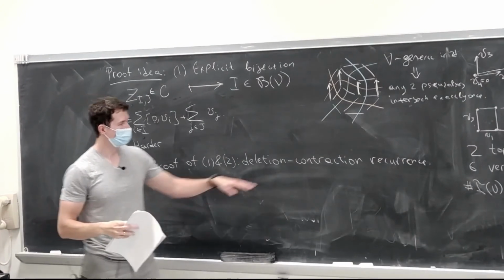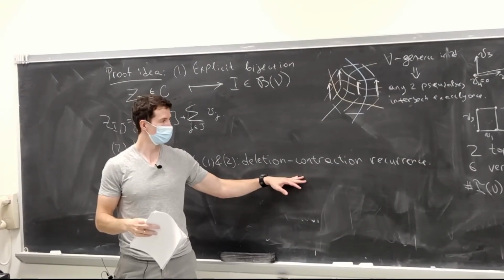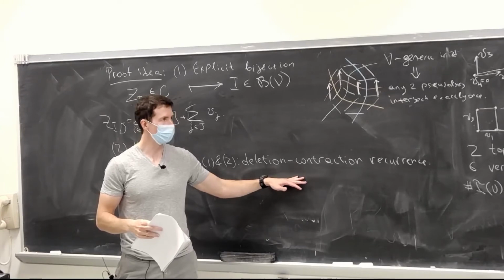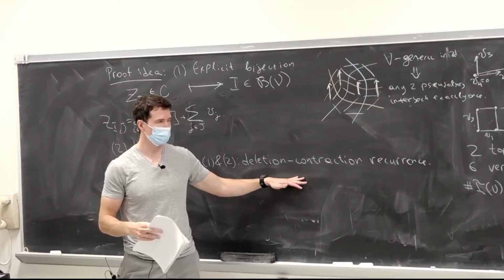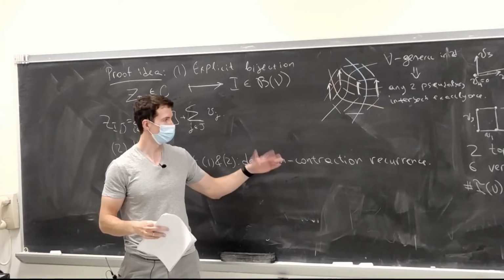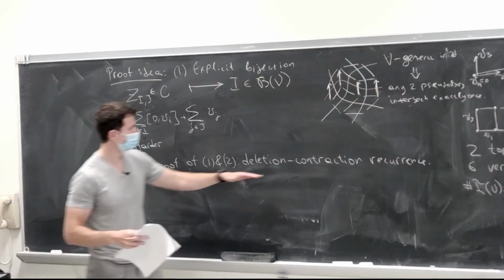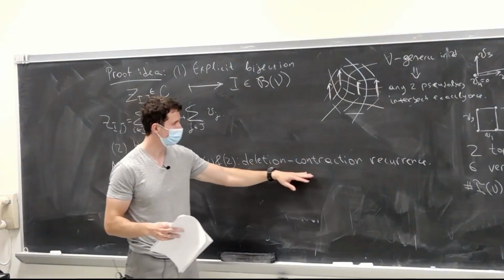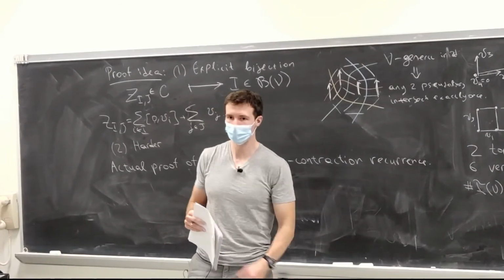You may have seen this for graphs. I'm not going to tell you yet what this means for vector configurations. You can try to guess. It's a pretty natural construction, but we're going to later study this for matroids and hyperplane arrangements.